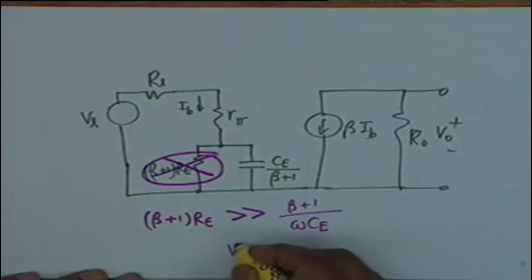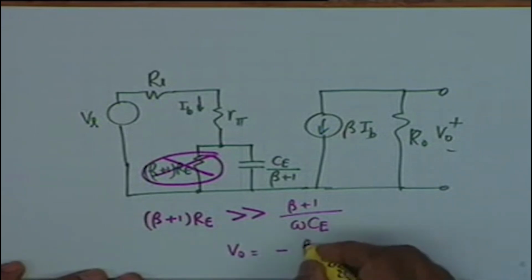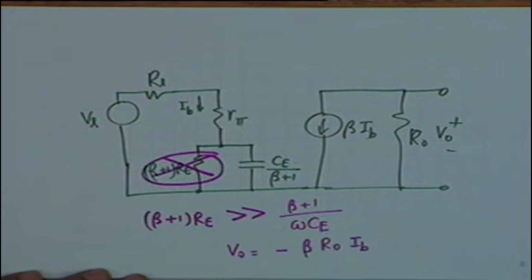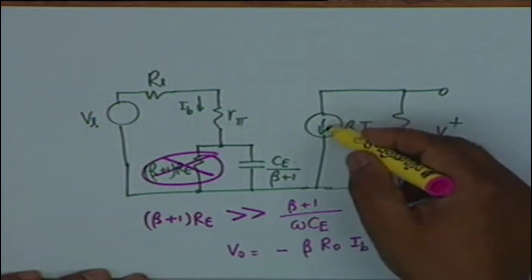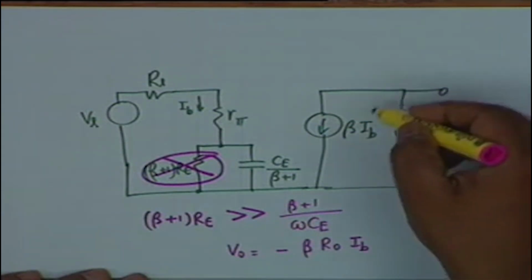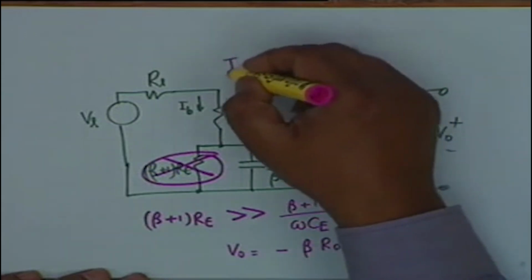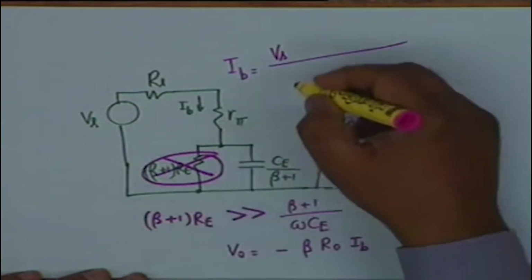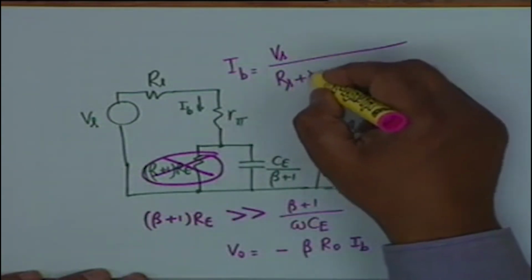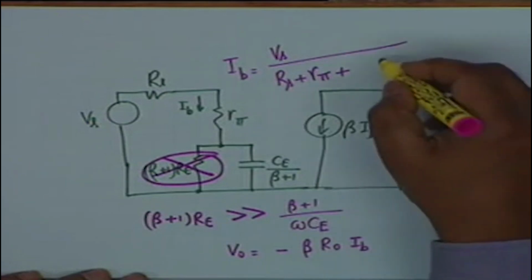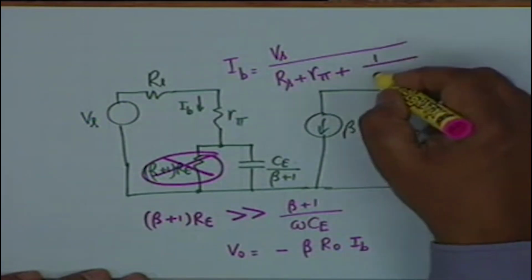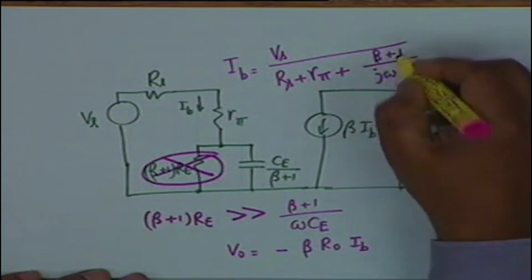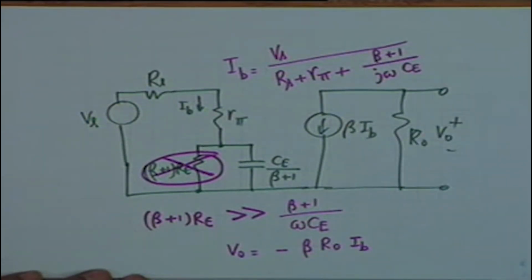Now obviously V0 is equal to minus beta R0 times IB, alright. From the output circuit beta IB flows like this, and what is IB? IB is equal to Vs divided by Rs plus R pi plus 1 over j omega CE, while bring beta plus 1 here, alright.